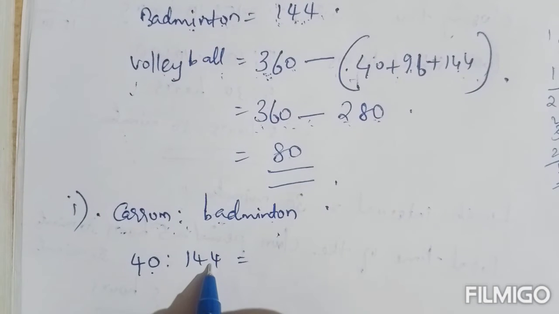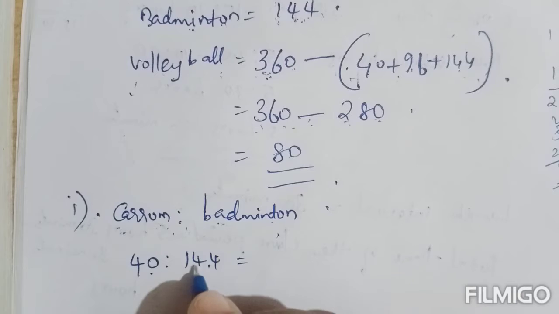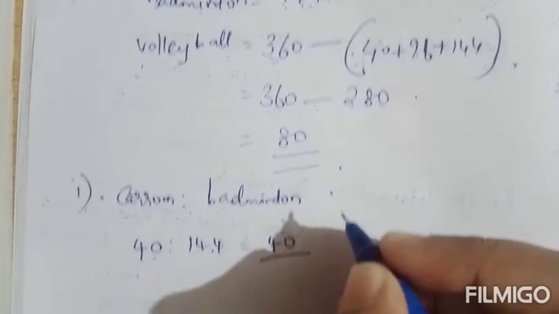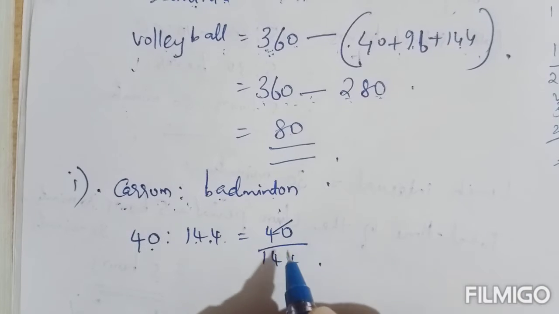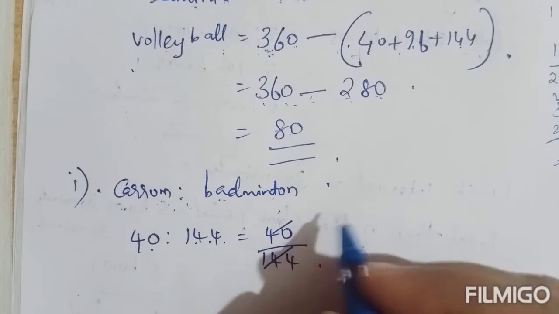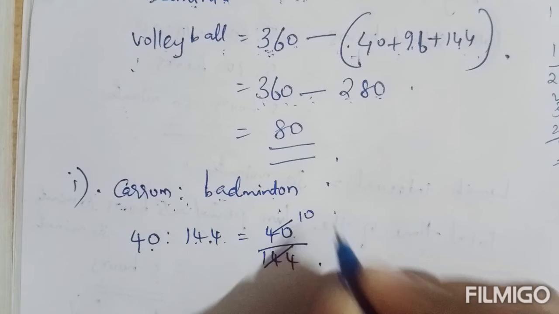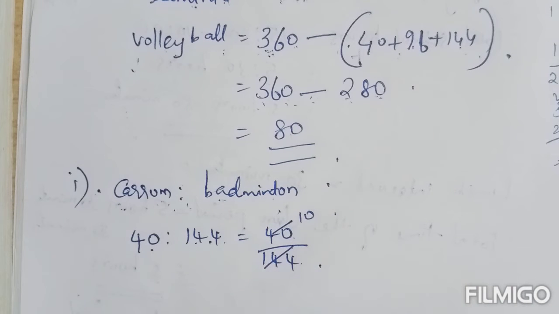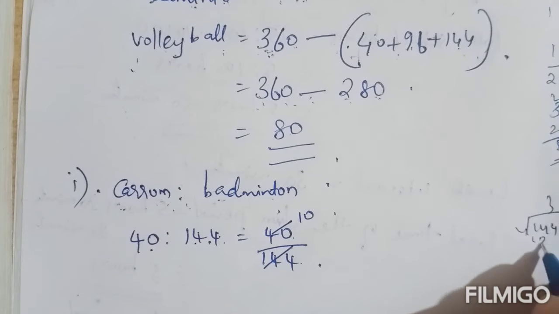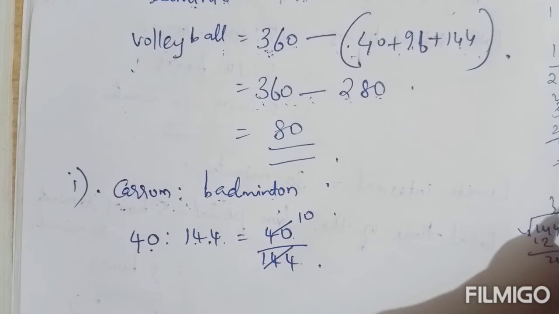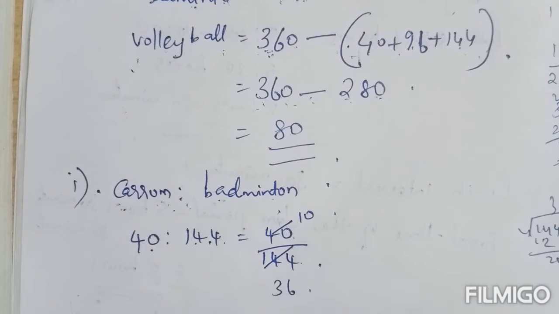A is to B, we can write it as A by B. So 40 is to 144, we can write it as 40 by 144. Now we can reduce this. Both will go in 4. 40 divided by 4, it is 10. 144 divided by 4, what you will get? 36.